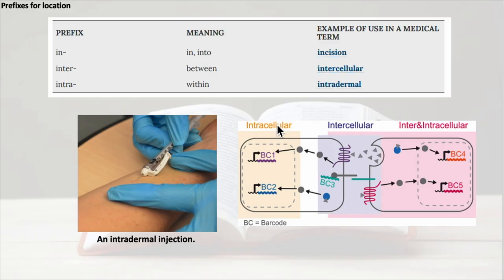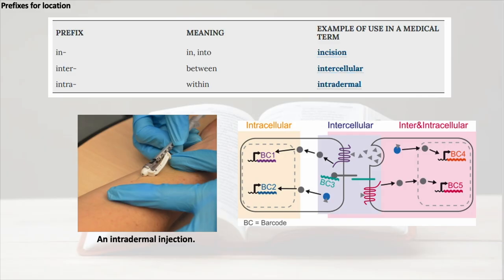Again, other examples, intracellular, within a cell. In this case, for intradermal, it's within the skin because it's between the epidermis and the dermis, so just below the top layer of the skin. Another one would be intravenous, right? So we know venous referring to a vein. So intravenous would be within a vein.